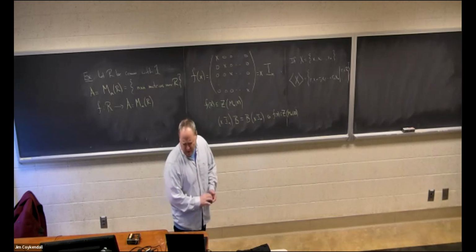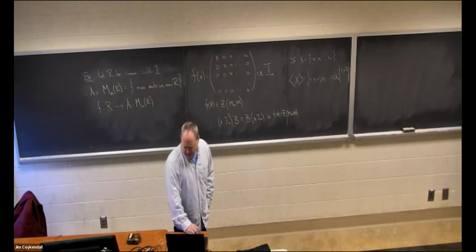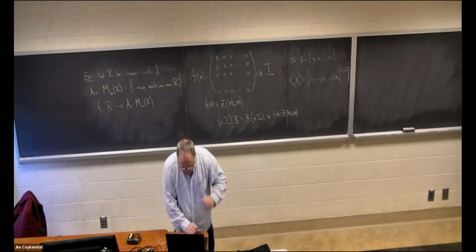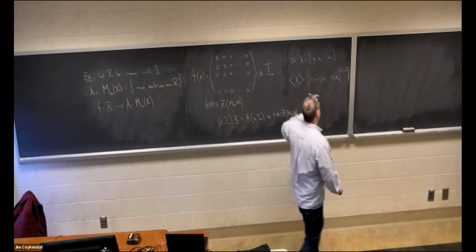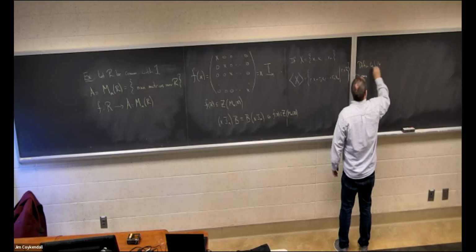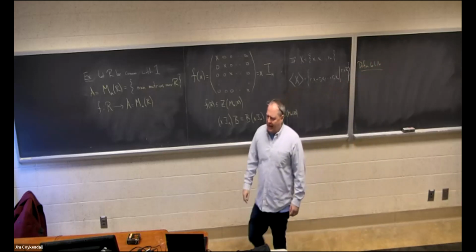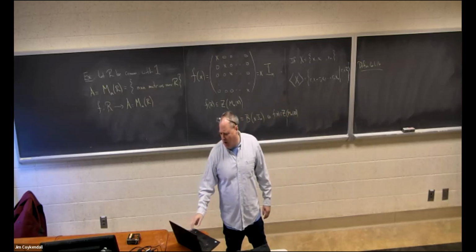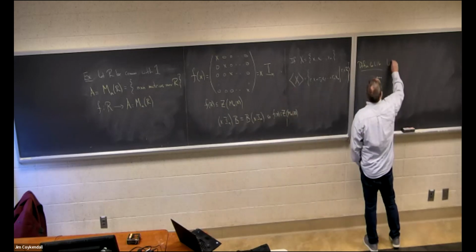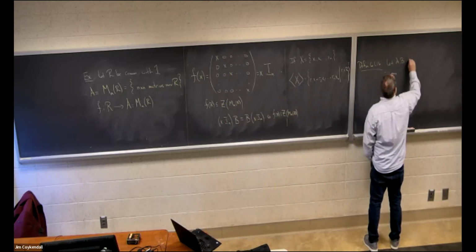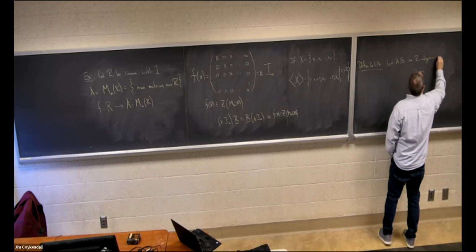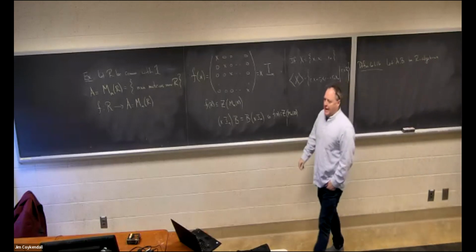Right, so let me give you one last definition in this section before we move on. Definition. Let's suppose that A and B are R algebras. So these are both algebras over the same ring, of course.